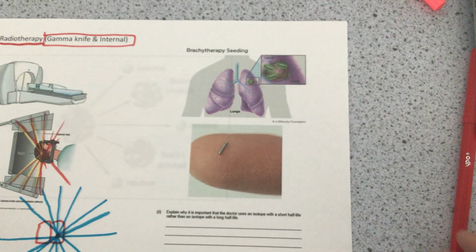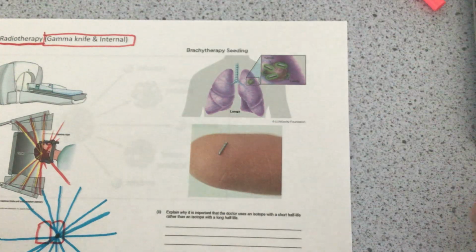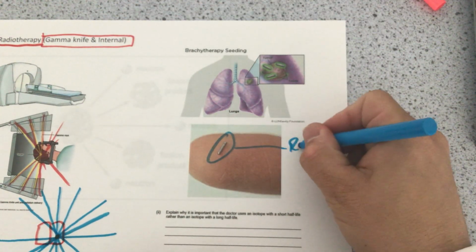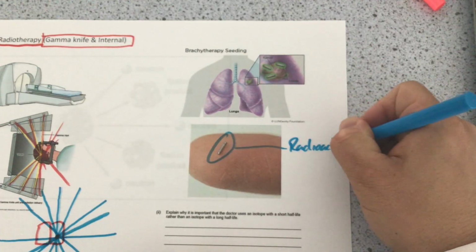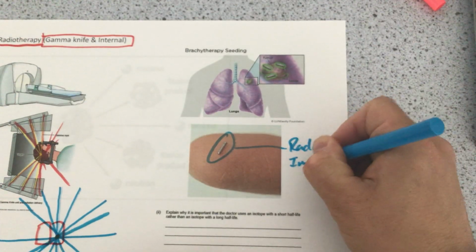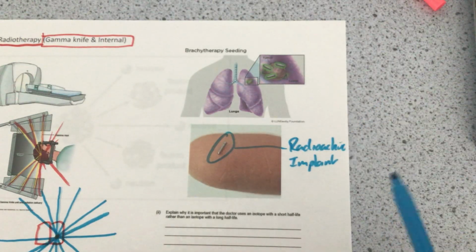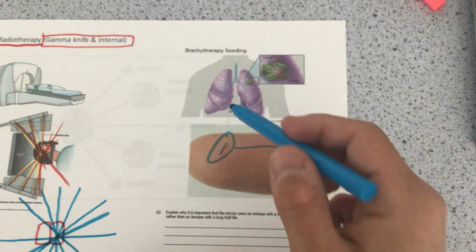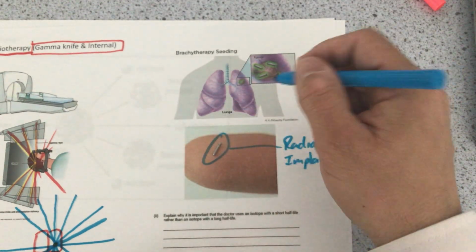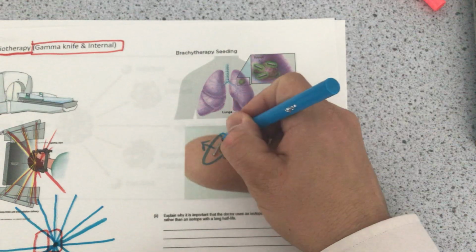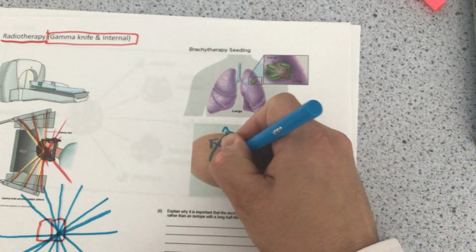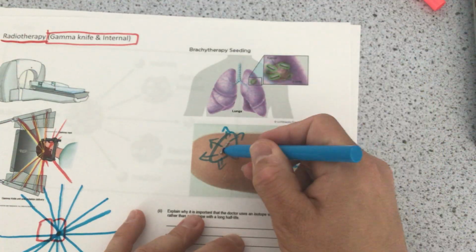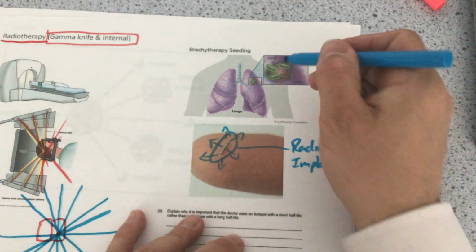Internal radiotherapy works using things that look like this. This is basically a radioactive implant. And the premise is a little bit similar to the hormonal implant that people use for contraception. This releases radiation slowly over time. And what they do with it is they implant these little implants where the tumour is.